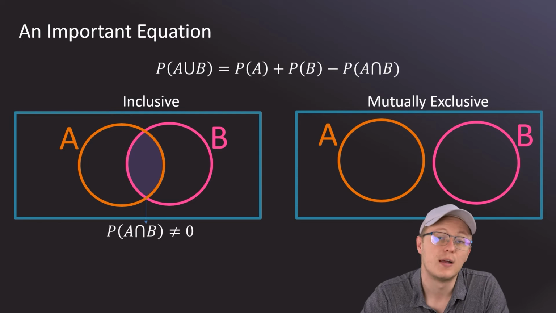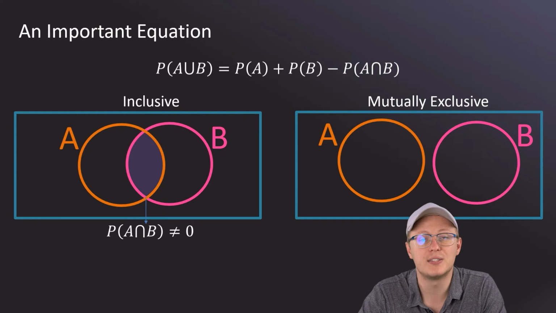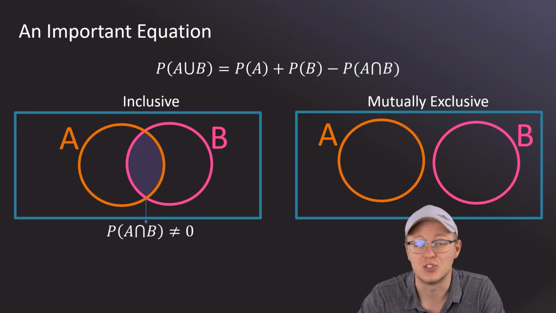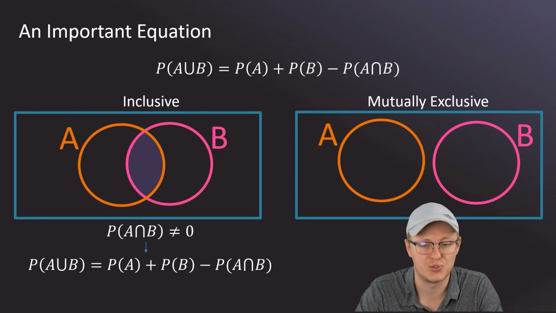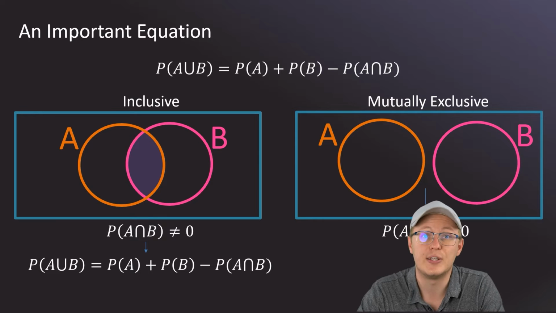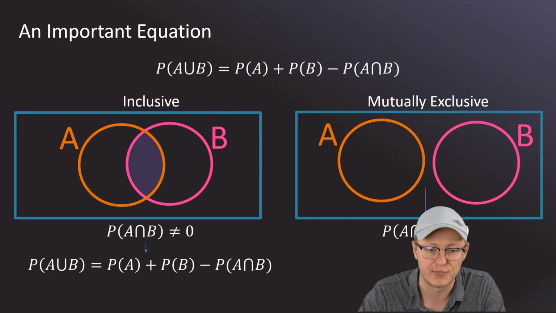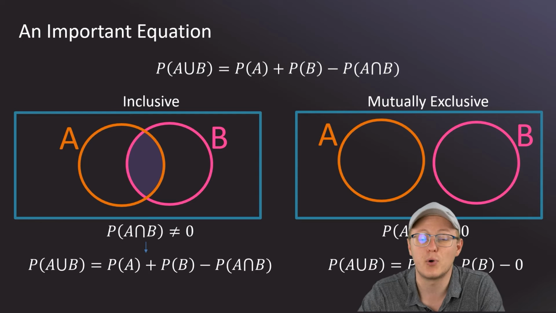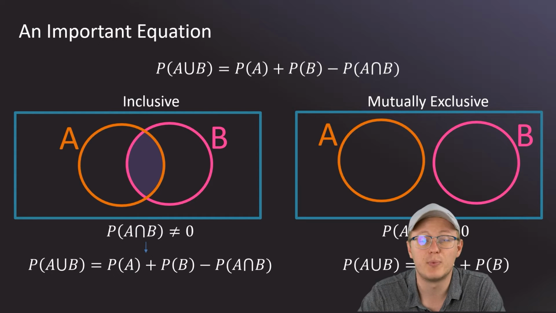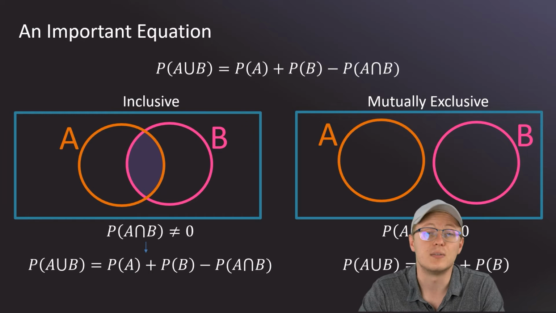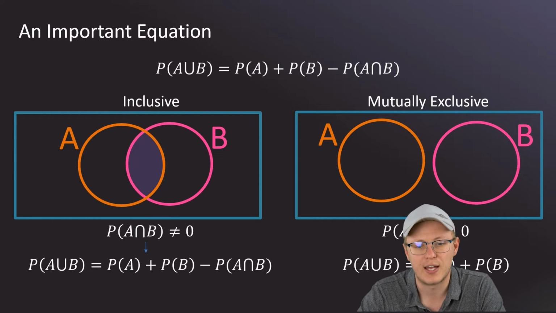So for inclusive events, the probability of A and B is not equal to 0, and so this equation will remain as we've seen it. However, if we do have mutually exclusive events, that means that the probability of A and B is 0. There's no intersection between the two things, and so for mutually exclusive events, the probability of A or B is simply the sum of the probability of A plus the probability of B.